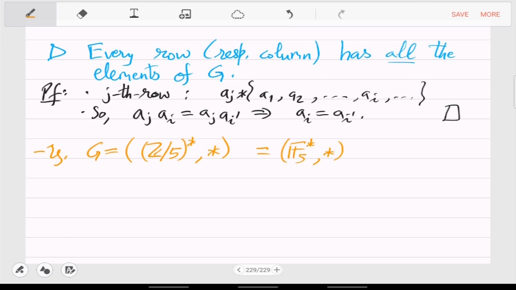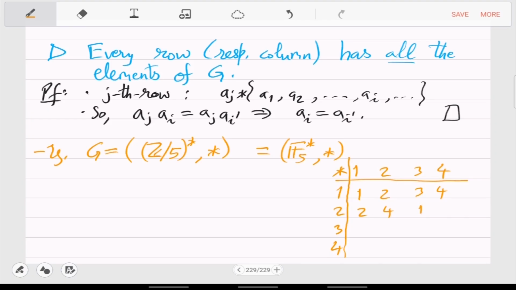So you will have 1, 2, and then you do star, right? So here you get the same, and here you get 2, 4. What is 2 times 3?